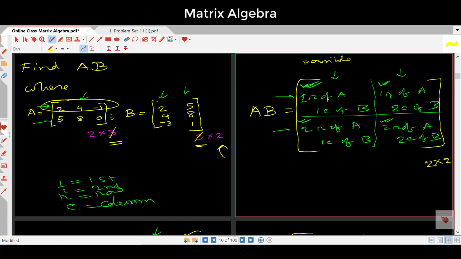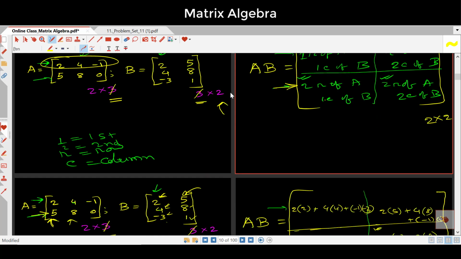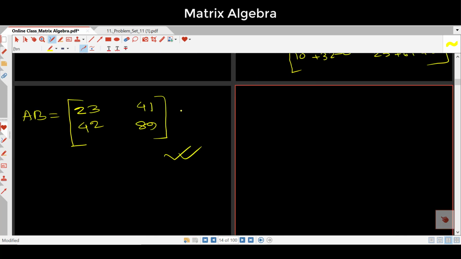Whenever you are doing the first row of A, then here first row, first column, first row, second column, and the columns are coming from the B part. Whenever you are doing calculations for the second row of A, it is second row, first column, second row, second column, and the columns are coming from the B matrix or the second matrix. So this is how multiplication can be done.